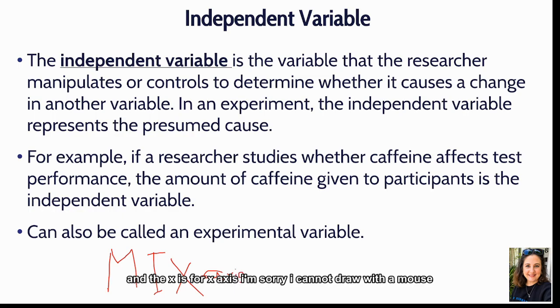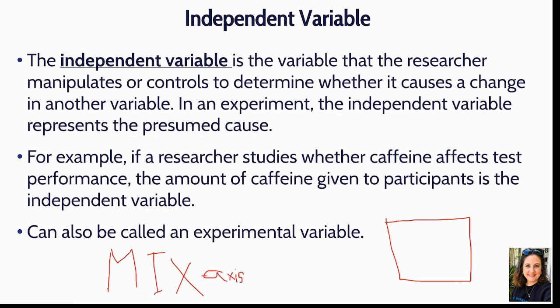I'm sorry, I cannot draw with a mouse very well. So that means if I have a graph here, this is my x-axis here. This is where I'm going to graph my independent variable on the x-axis. So I would have caffeine versus no caffeine, and then test performance over here.